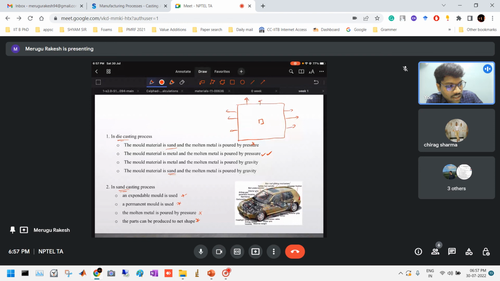So all these solidify first. When it comes to the center, there is no liquid to feed this shrinkage. So we'll get the shrinkage at the center if all the sides are cooled equally. This is how the shrinkage depends upon the cooling rate. This is one of the main factors. Then comes the metals. It depends upon the materials.